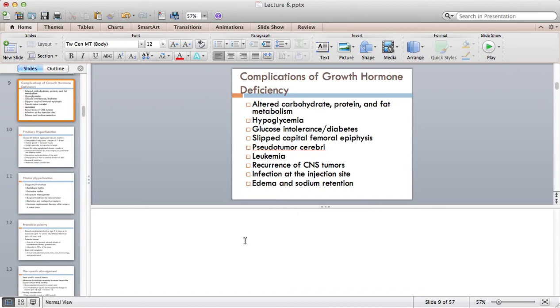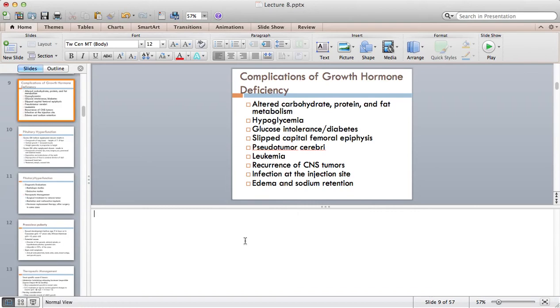For some reason, deficiency in growth hormone has been associated with leukemia. As a consequence of that, you may also see recurrence of brain tumor. The tumor was removed, and then for some reason, you do the surgery and take it out, and then the tumor will recur afterwards.